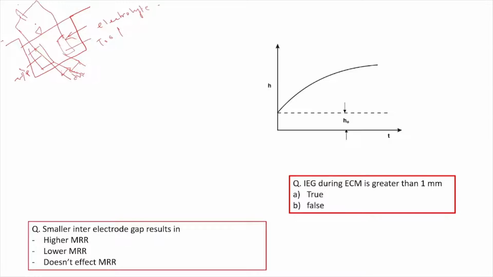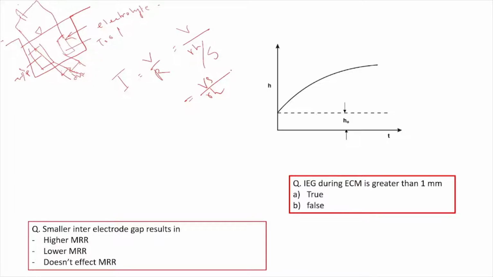Okay, so if we see this, over a small time period dt, a current I is passed through that electrolyte, and it causes electrochemical dissolution of the material of amount dh over the area S. So we can write I equals V by R, or V divided by Rh by S, that is Vs by Rh.